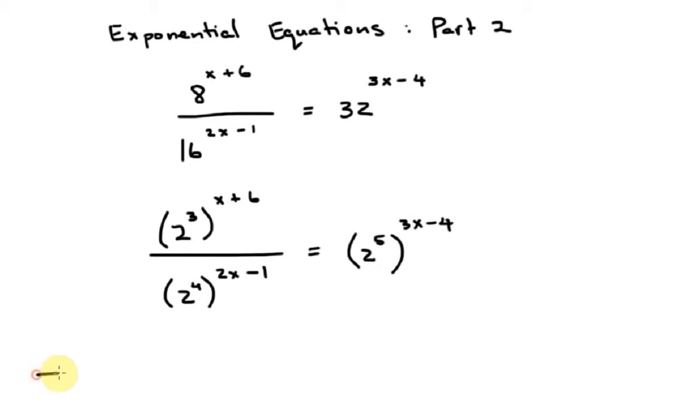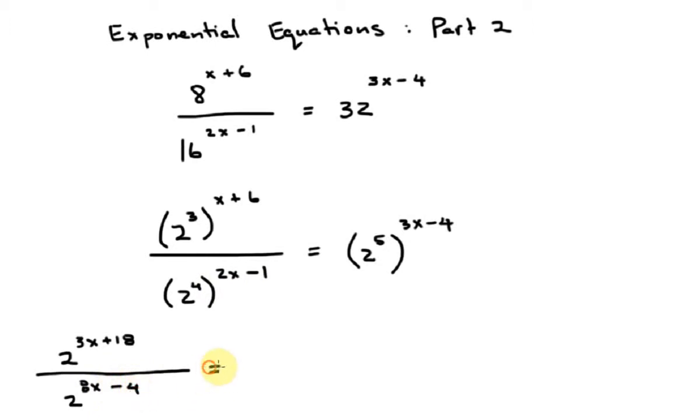Okay, so here's my fraction. And on the top, the inner and outer exponents, I'm going to have 2 to the 3 times x plus 6. So this will be 2 to the 3x plus 18. And underneath it, I'm going to have 2 to the 8x minus 4.